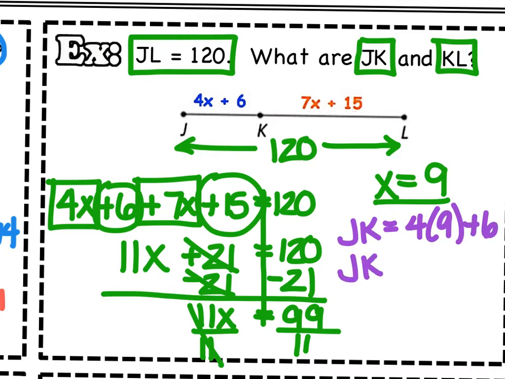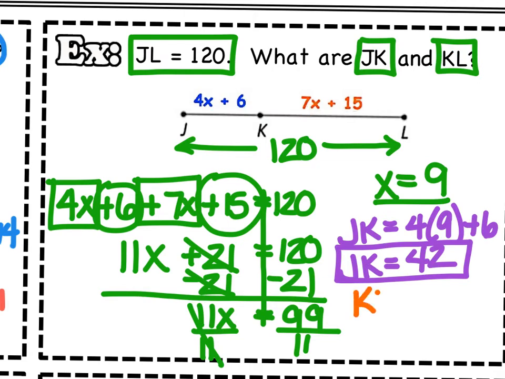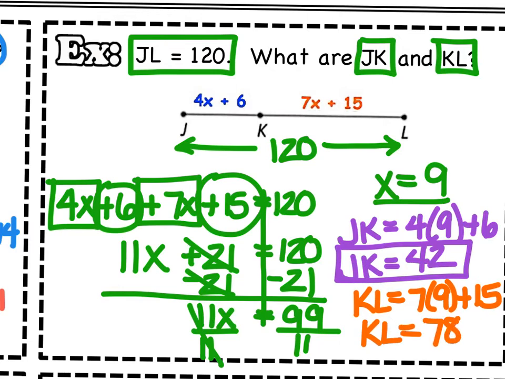So that will give me JK is equal to 42. Now, I want to do the same thing with KL because I'm also asked to find KL. So I want to take my value of 9 and plug it in up here. So that's going to end up becoming, for KL, 7 times 9 plus 15. So KL is going to equal 78 units.